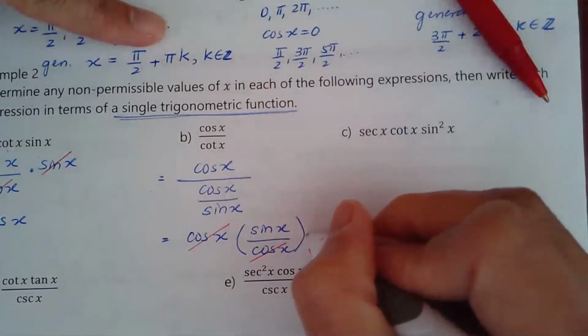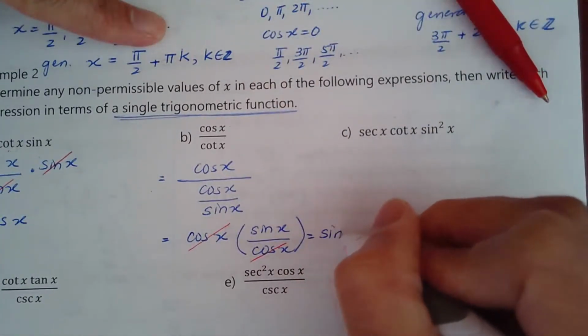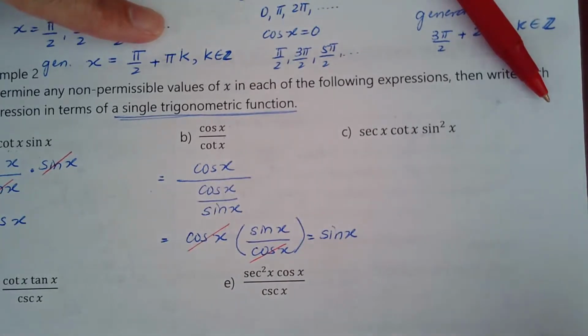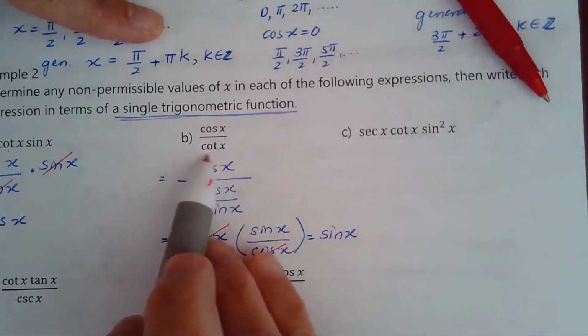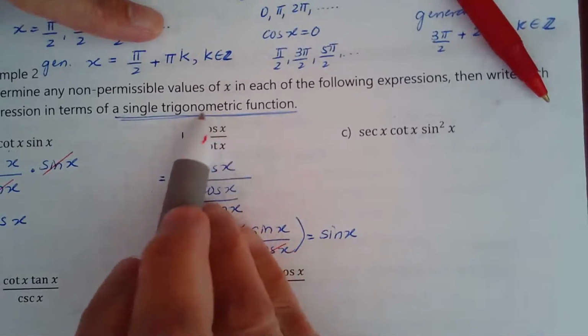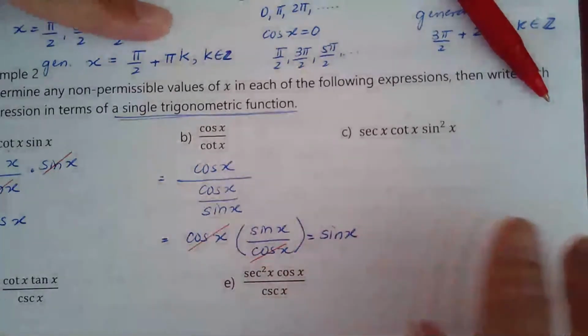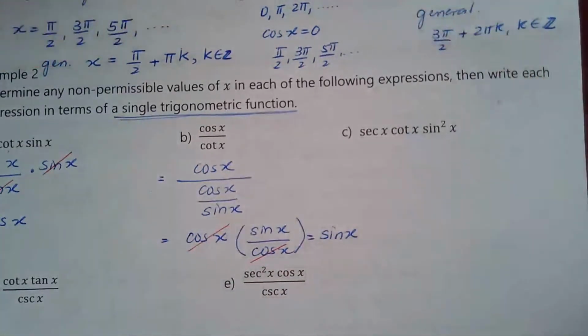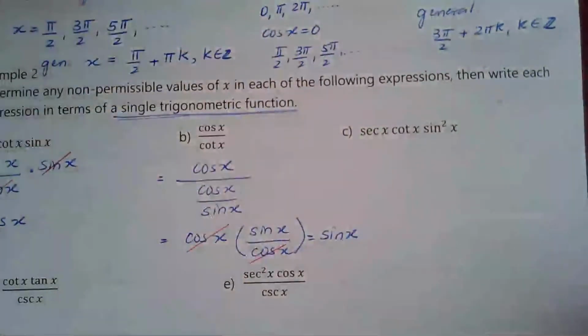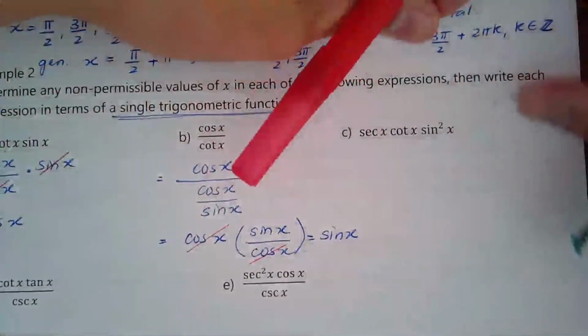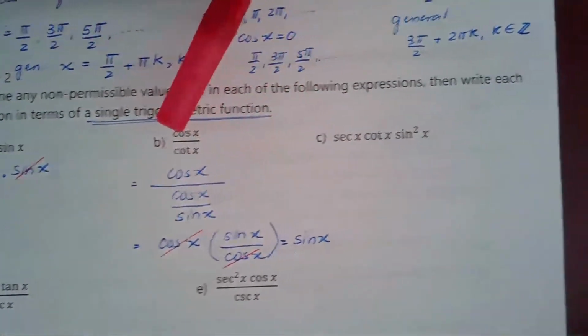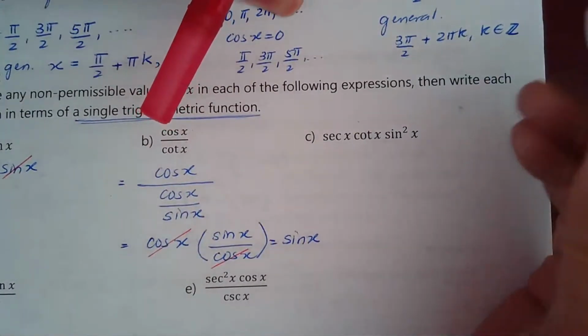Now we are down to just sine of x. Okay, so we've cleaned all of these up. We've simplified it to just sine of x. And these ones are baby steps because we're going to see it quite a bit in our solving, proving trig identity, which is pretty fun.